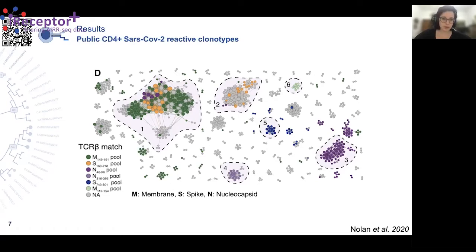For example, the green ones are TCRs known to be reactive to a peptide pool of the membrane protein of SARS-CoV-2. The yellow ones are the pool of the spike protein, and so on. You see the colors and the assignation at the left here. Then we characterized in depth some of the biggest of these clones that form this very big TCR response.